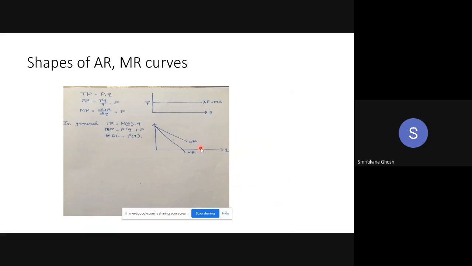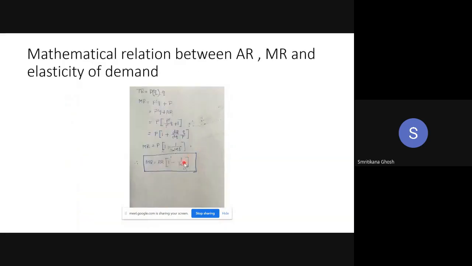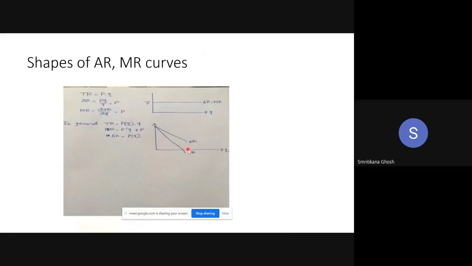And if it is less than 1, then 1 divided by something less than 1, the ratio will be greater than 1. So 1 minus something greater than 1 will be negative, right? Your AR is obviously the price, positive. With a negative value, that becomes negative. So your MR becomes negative after that. So your MR curve is negative after this intersection point.